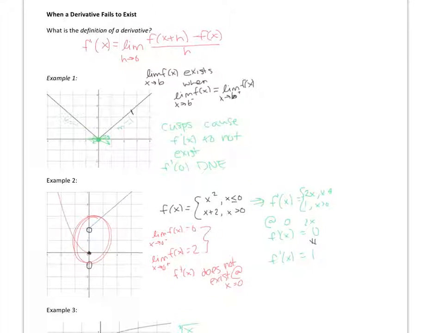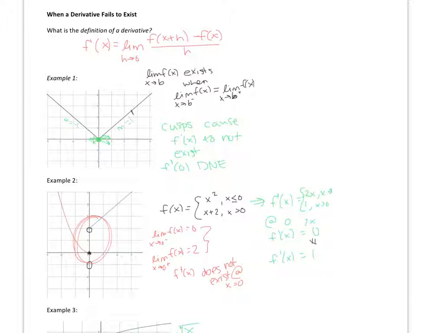For a derivative to exist, you must have a limit from the left side equaling the right side. And a continuous function means that the value of your limit is equal to the value of your function at that point. So those things have to happen for a derivative to exist.